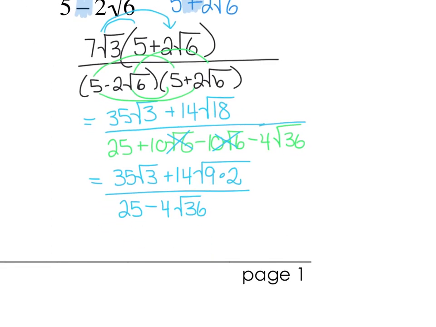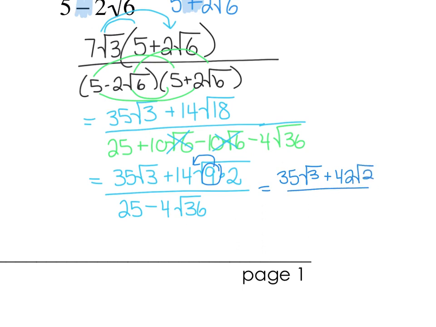Almost done. My numerator is going to become 35 root 3. There's nothing I can do with that. But my 14 times 3, because square root of 9, a 3 is going to be released. That is plus 42 square roots of 2.